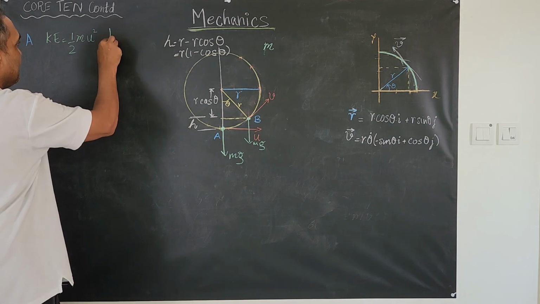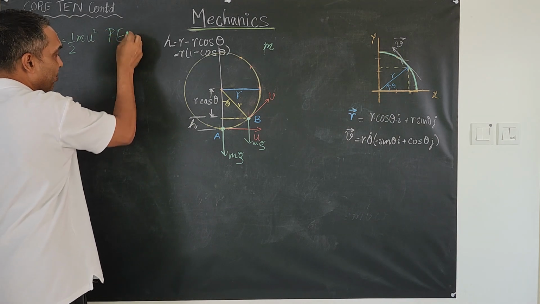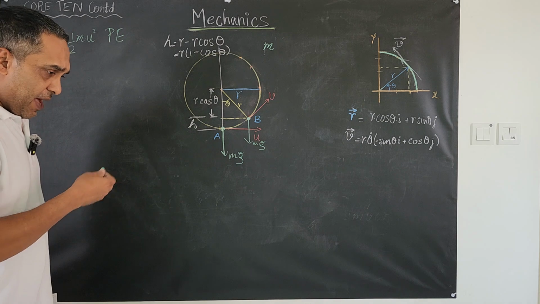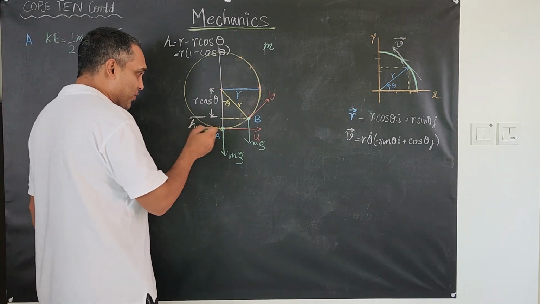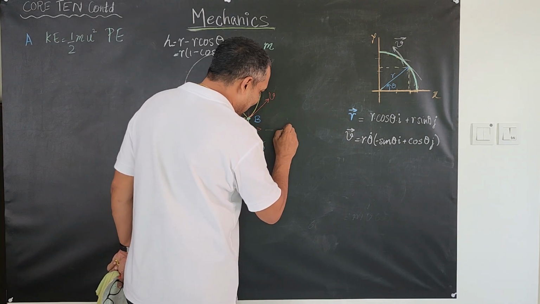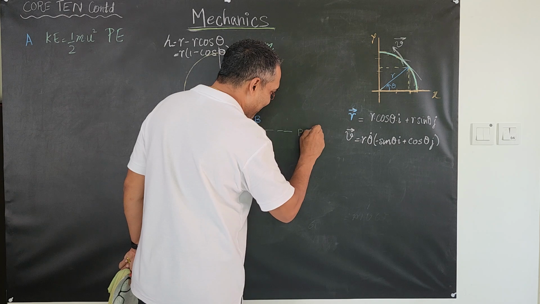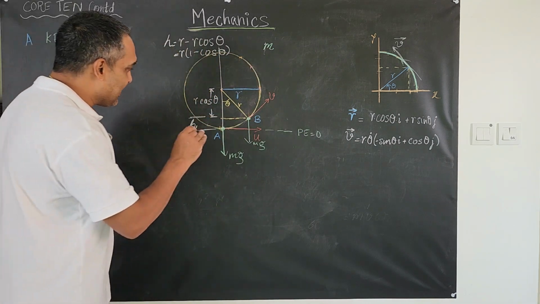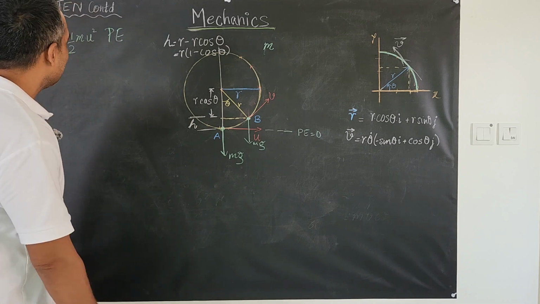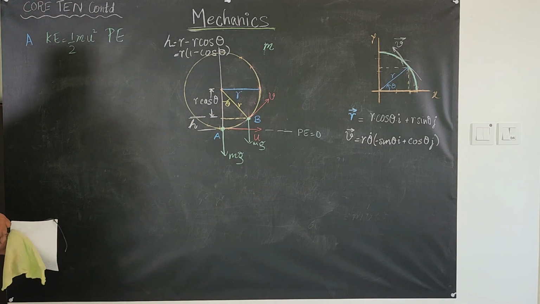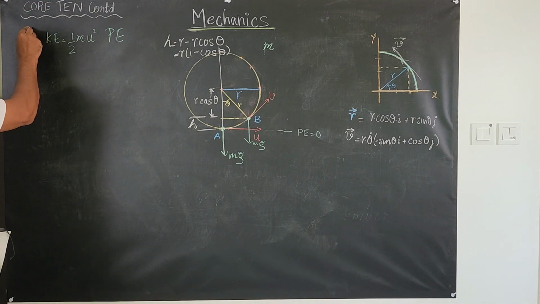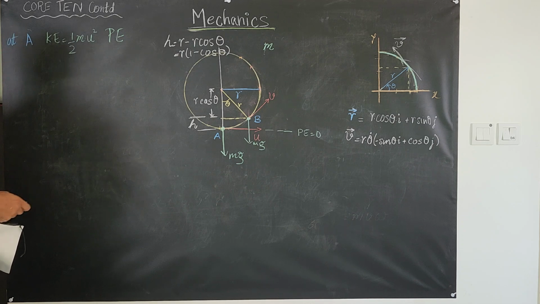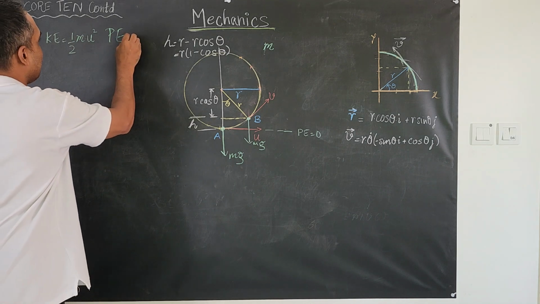and potential energy. Now this is important when you get problems. Make sure you tell the examiner or the grader somewhere in the problem, you draw something like that and say PE equal to 0, or you write a line saying that, hey, this is where PE is 0, so they know, right? And then you do this at A, or you just call it at A, and PE equal to 0.